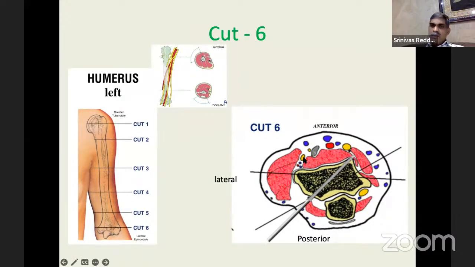This is the radial nerve, and this is the biceps tendon. This is the brachialis muscle, and this is the anconeus muscle laterally, and this is the extensor muscle group. This is also the extensor.